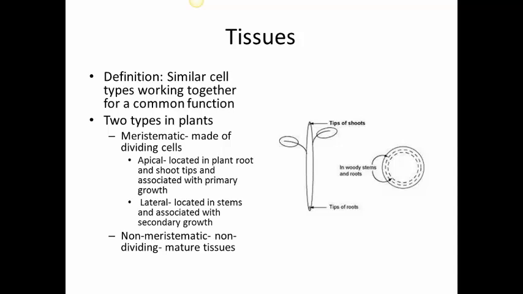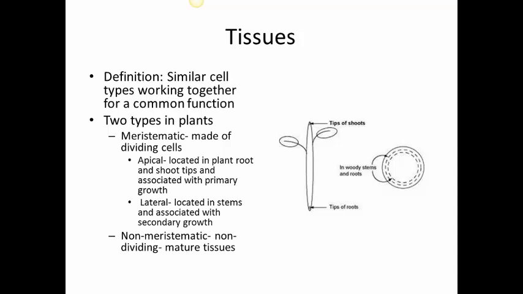The other kind of meristematic tissue is called lateral meristems, and these are associated with stems and secondary growth. So this diagram on the right is a cross section of a stem, and it's pointing out the location of the meristematic tissue.